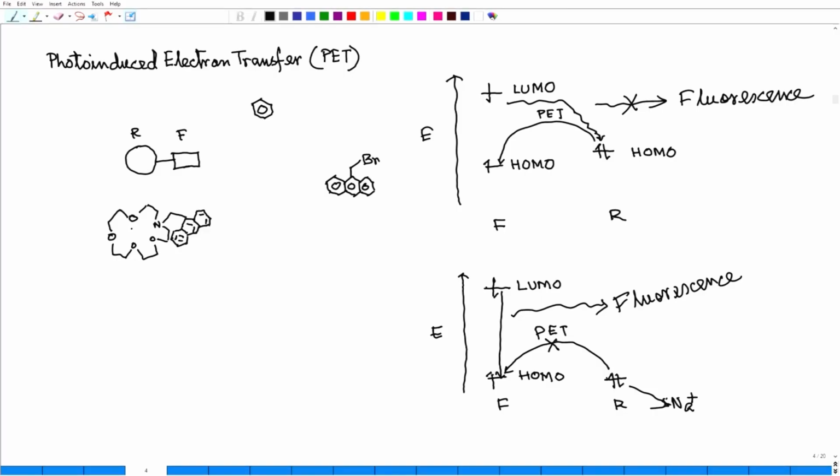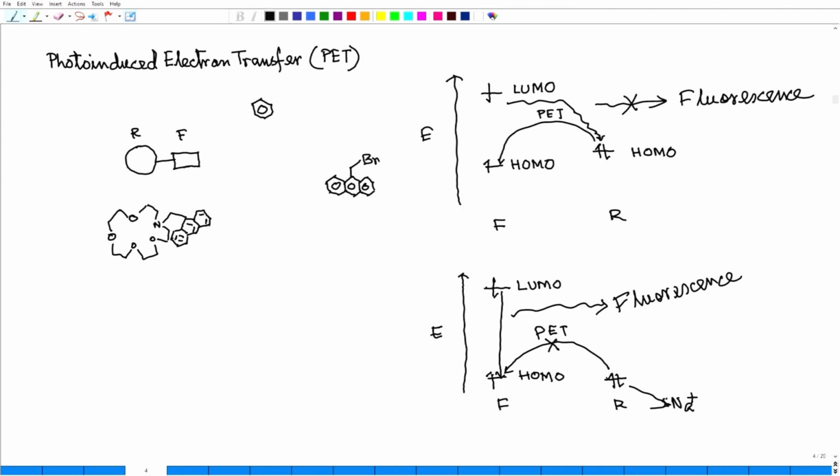That means the event of an analyte entering this receptor can be signaled by a strong fluorescence in a PET process. All right. So this is a very, very important and very popular phenomenon.